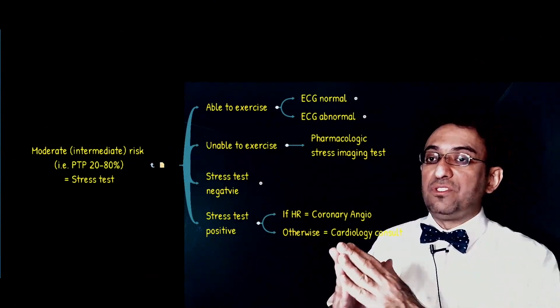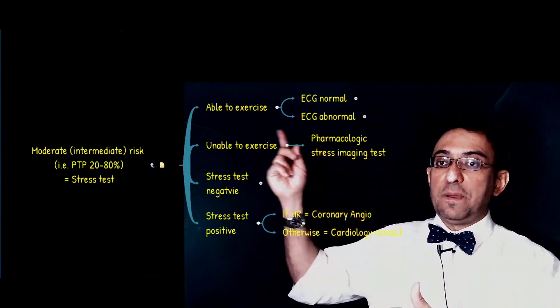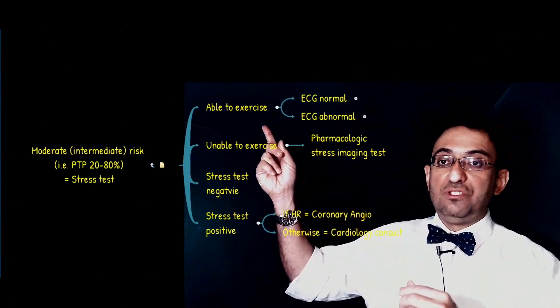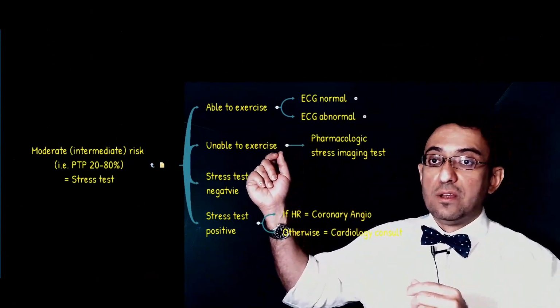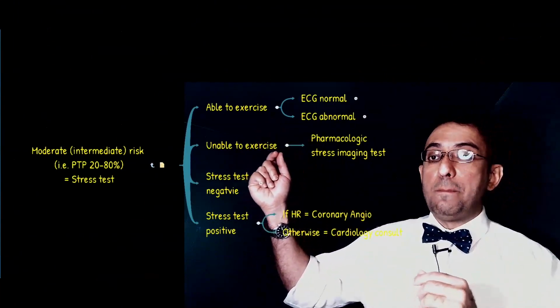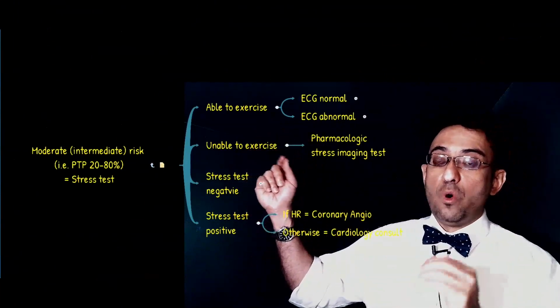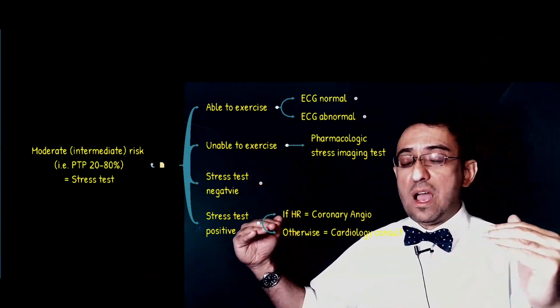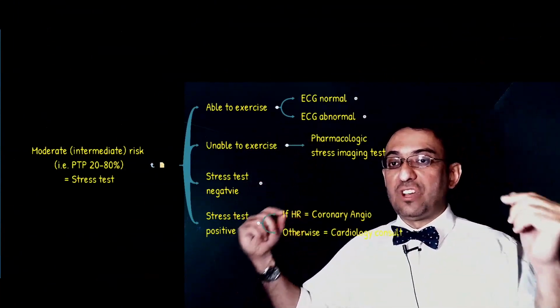Now, we have certain criteria to determine the best test for each patient. If the patient is able to exercise or reach 5 METs or the target heart rate, the patient would exercise. If the patient has some baseline changes in ECG, we do not use exercise ECG. Always remember the best test, for a patient who does not have any contraindication, is exercise ECG.